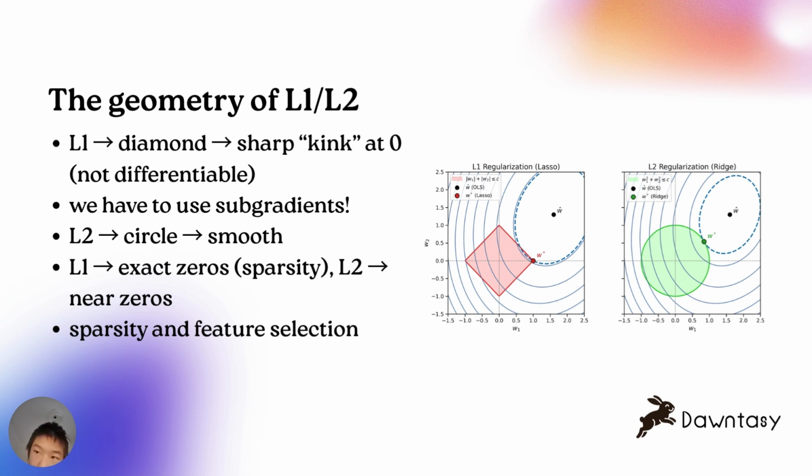If we set the features with no value to exactly 0, we're essentially eliminating them and forcing the model to focus only on the features that count. L2 sets them to near 0, so it's saying we keep them, but we just make them less important. So it's sort of like hard versus soft selection in a way.